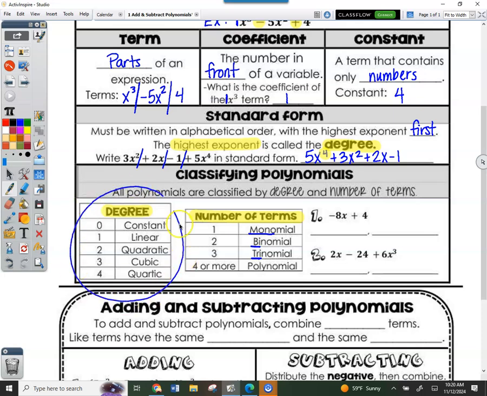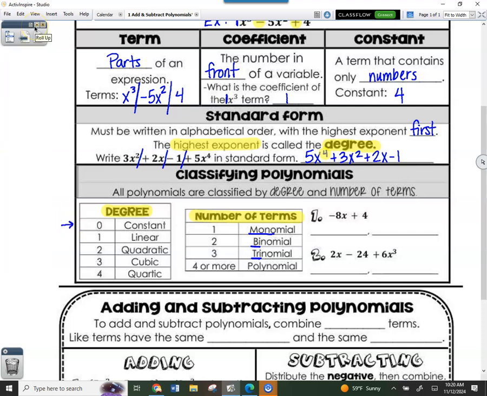Now, let's look at this. This one's a little different. If the degree, meaning highest exponent, is a 0, then it's called a constant function, a constant polynomial, which an example of this would be the polynomial 3. Is there an x at all?